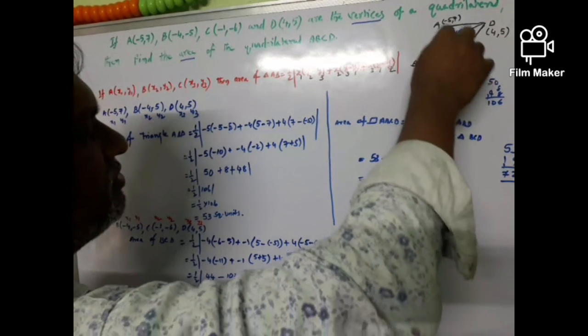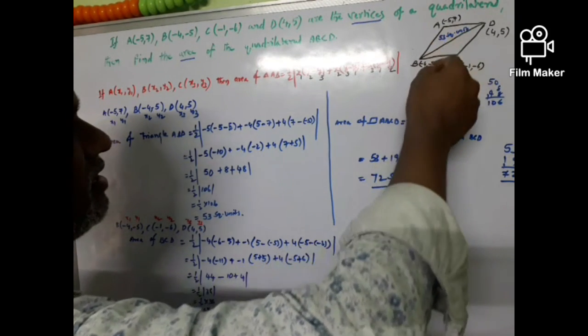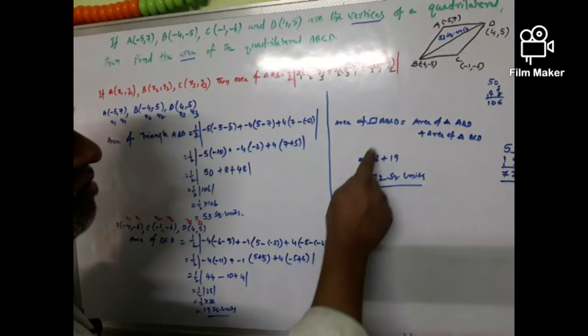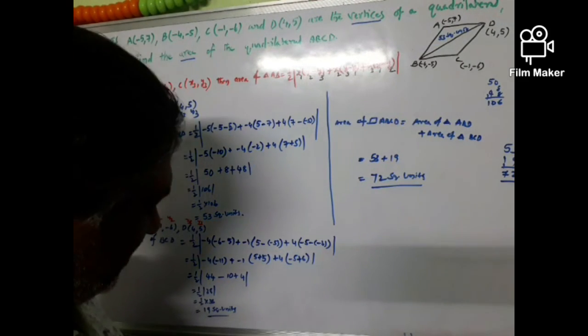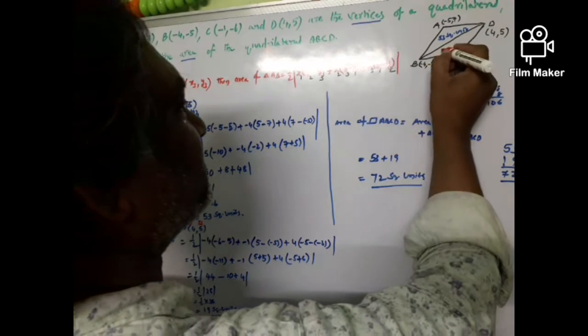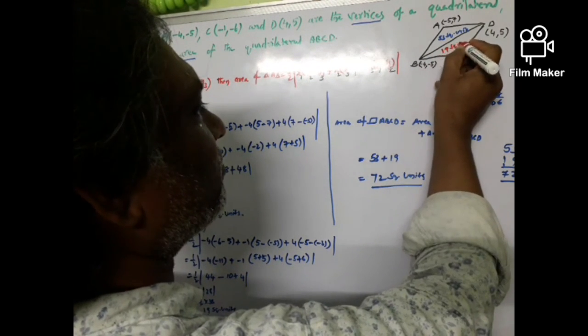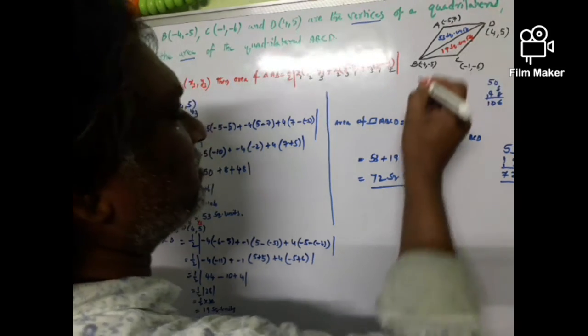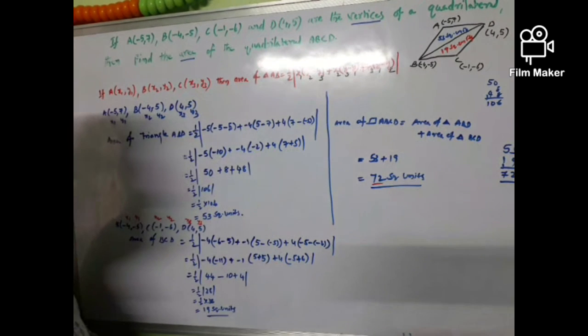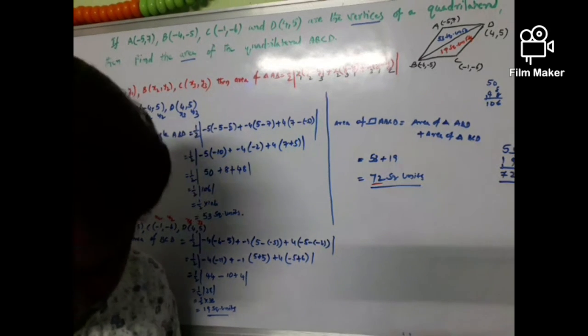Add these two triangles' areas: 53 square units plus 19 square units. We get 72 square units.